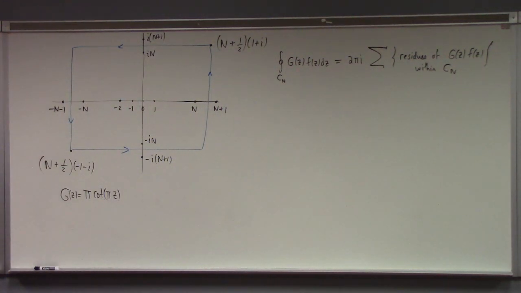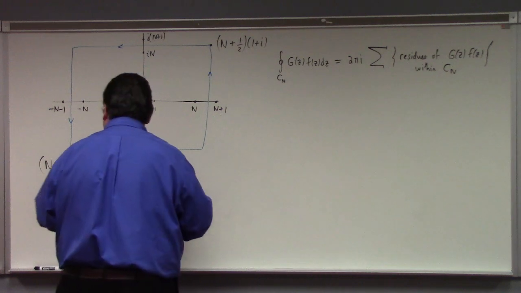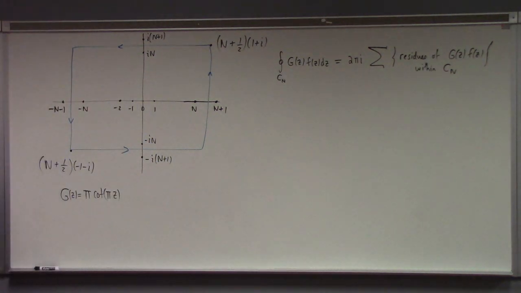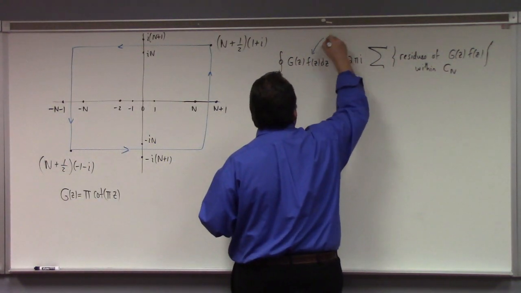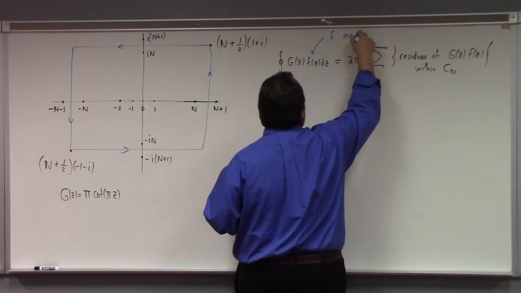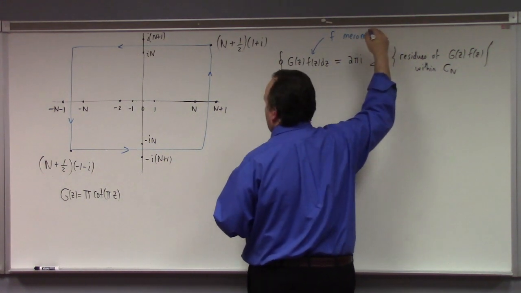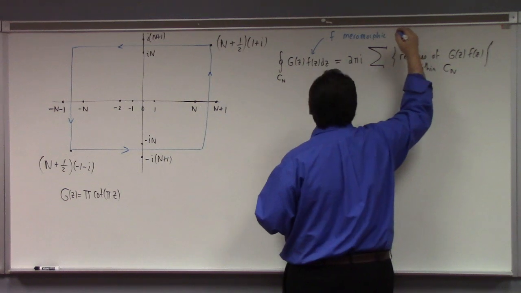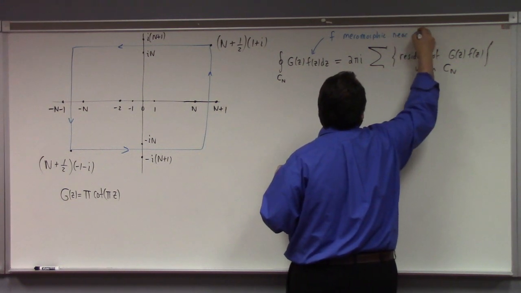Well, now it begs the question, what's f? So let us suppose that this f is not just any old function. We're going to assume that f is meromorphic, let's say near Cn.